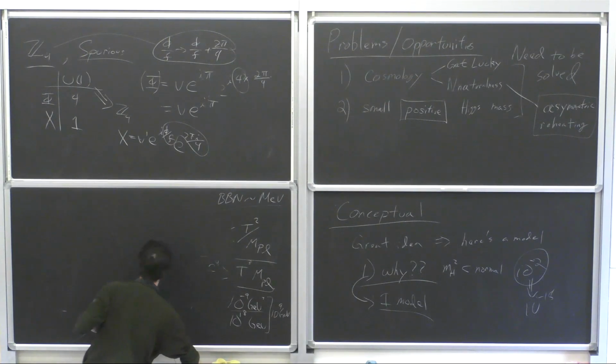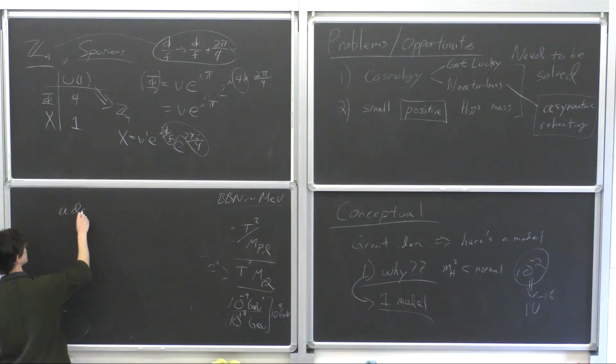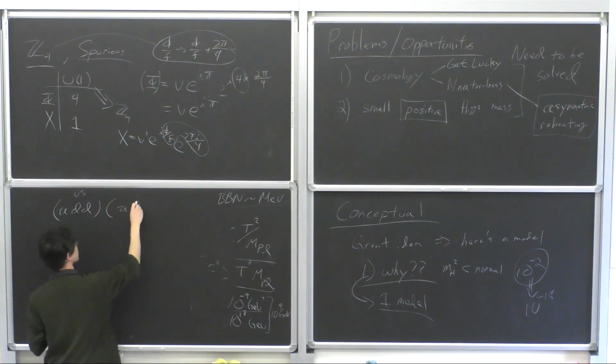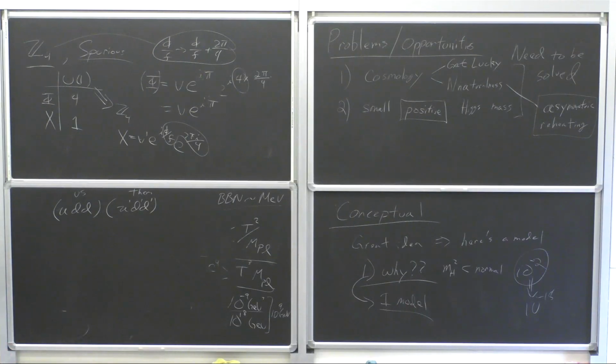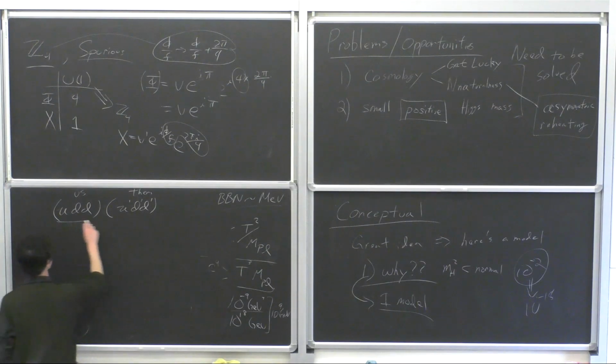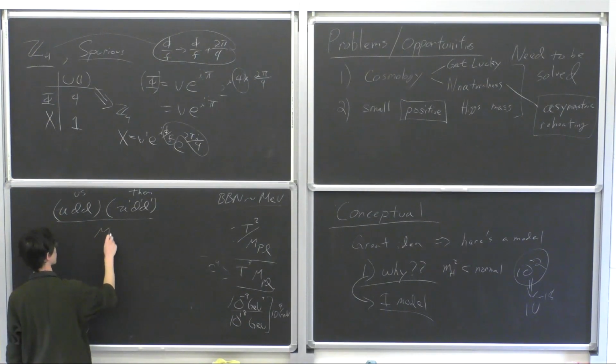So I can write UDD, UDD primed. And this is a dimension, what? 3 halves times 6 is 9, over some UV cutoff to the 5th power.